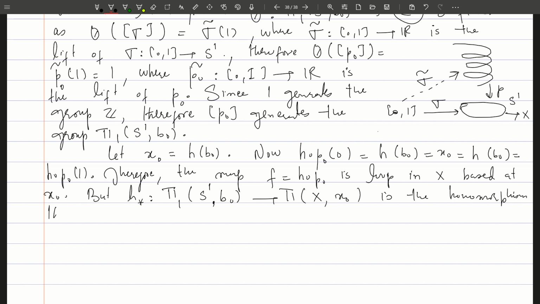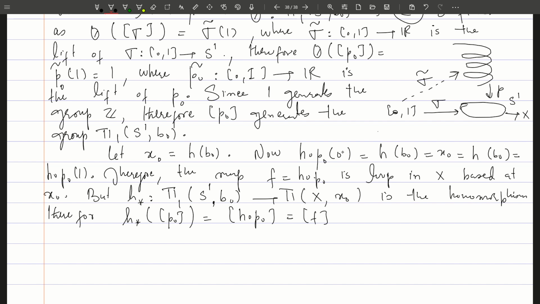Therefore h star of the homotopic class of p naught, which is a loop in S1, is mapped to the homotopic class of h of p naught, which is the homotopic class of f.